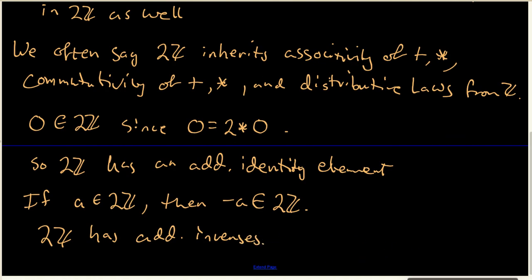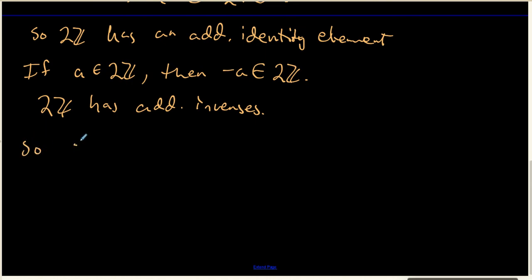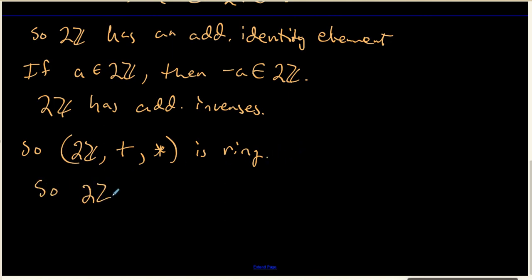And when we put all of this together, what we can conclude is that 2Z, under ordinary addition and multiplication, is a ring in and of itself, and that means 2Z is a subring of Z because they're using the same operations.